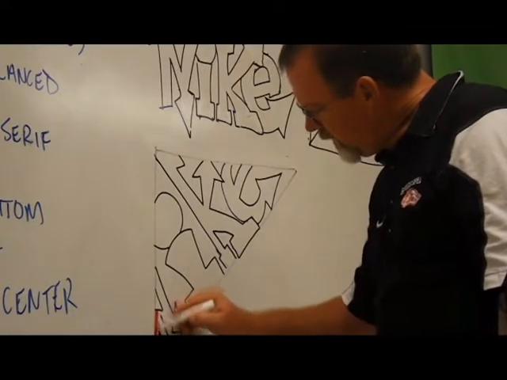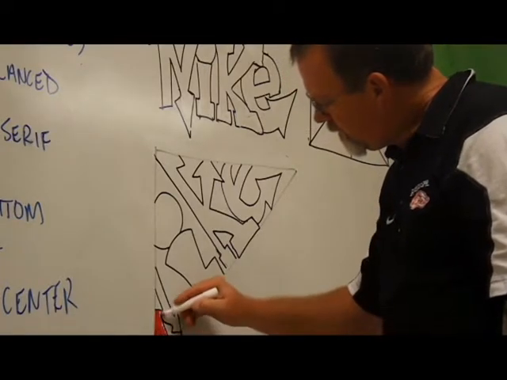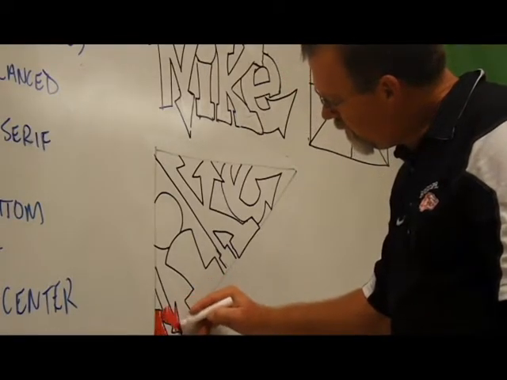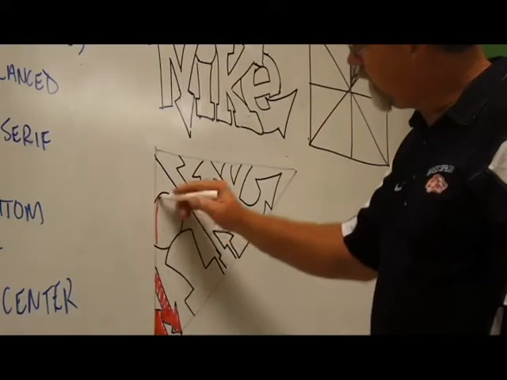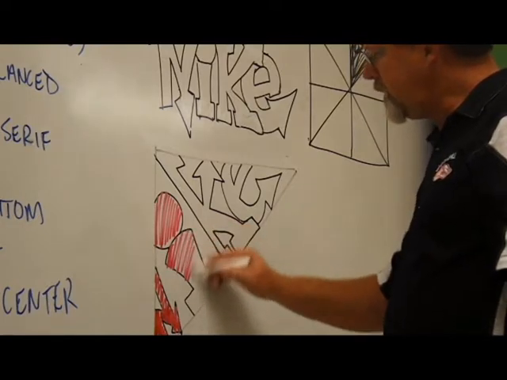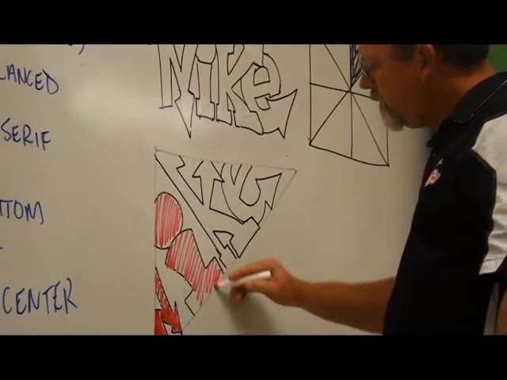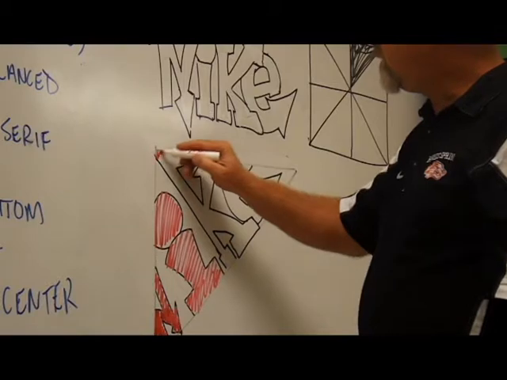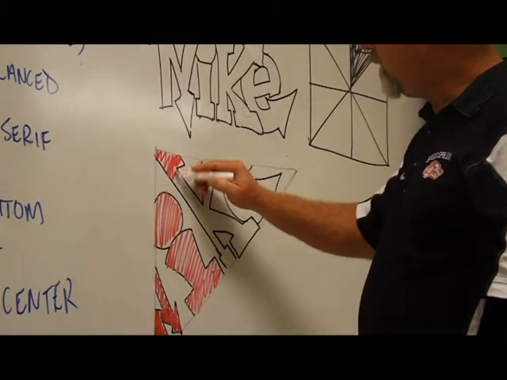And then if I shade these in, I'll do this real quickly. What I'm doing is I'm verifying my positive and negative shape balance. My letters being the positive shape, and the area between them is the negative.